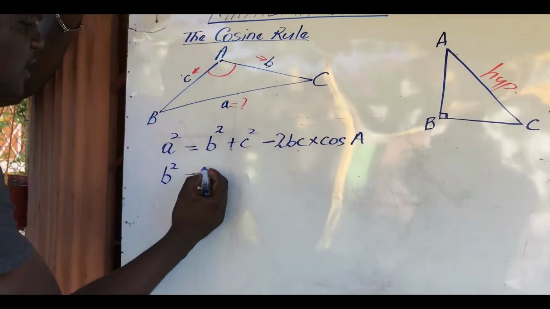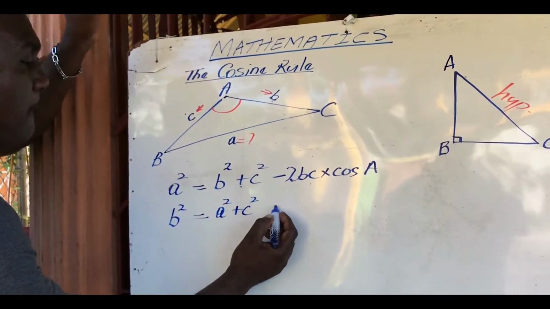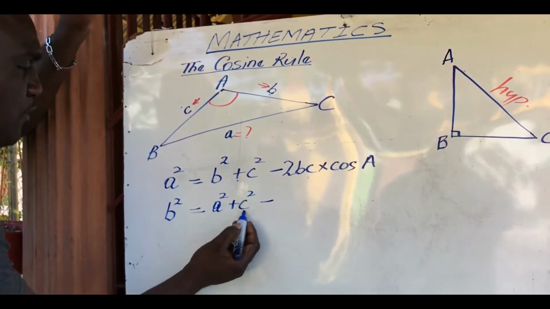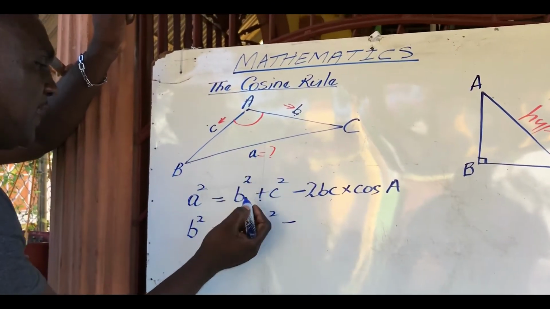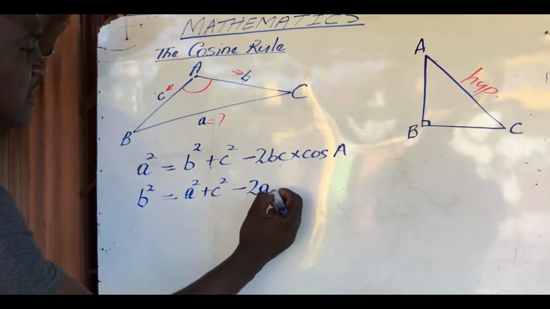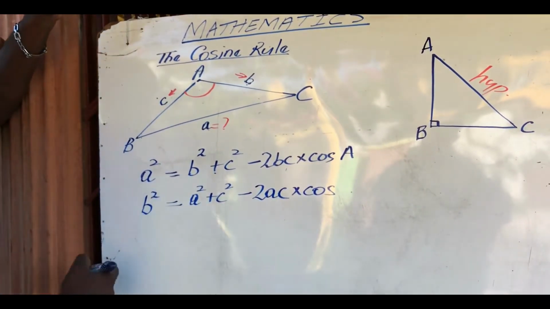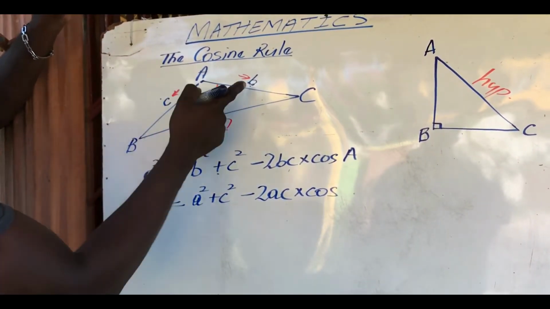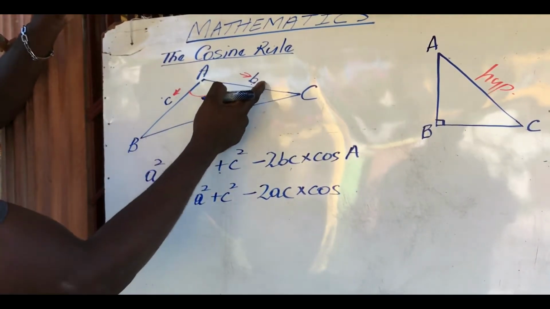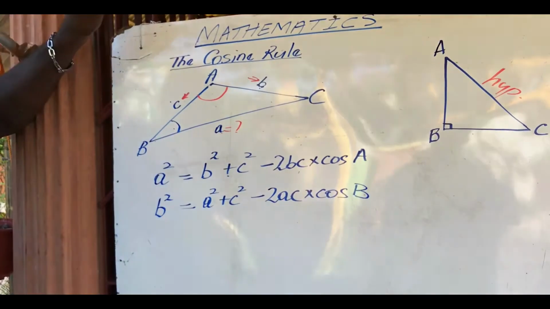A and C. So it would be A squared plus C squared minus 2 times the product of these two sides, that is 2 times AC, times the cosine of the angle opposite to the side that we want to find, and this angle clearly is B, so times cosine of B.